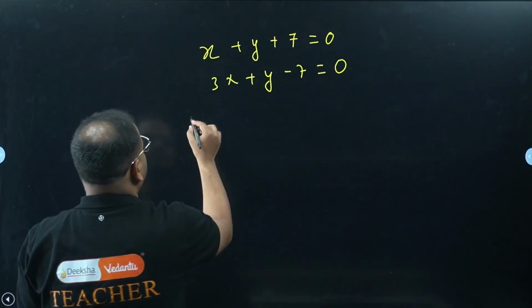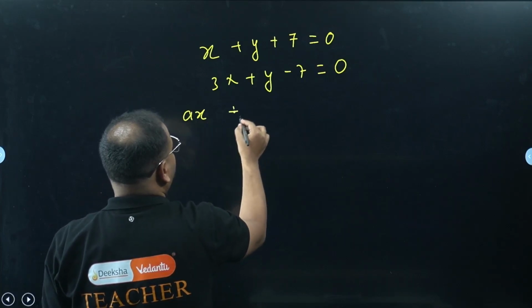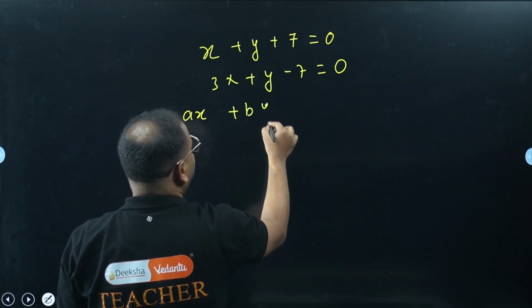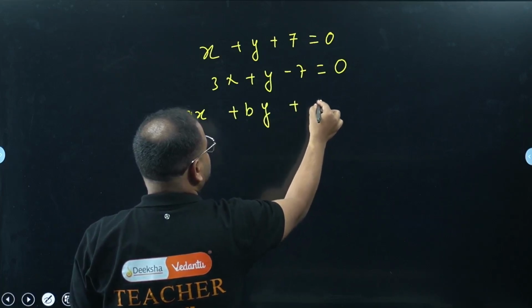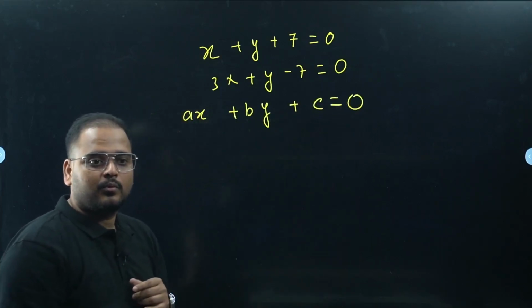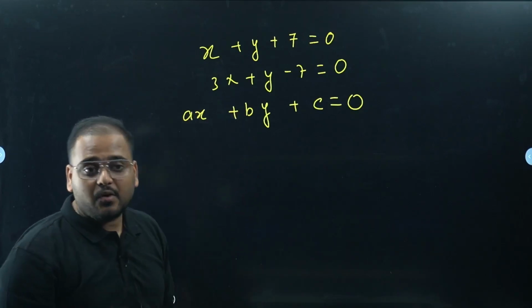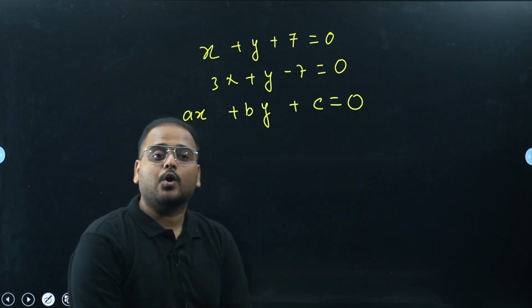So the standard form goes as ax plus by plus c equals 0. Right? a can be any coefficient of x, b can be any coefficient of y, and c is the constant term.